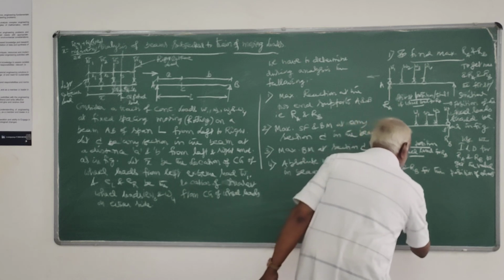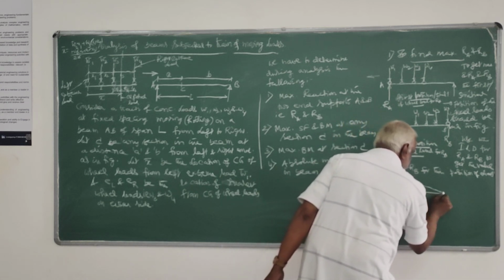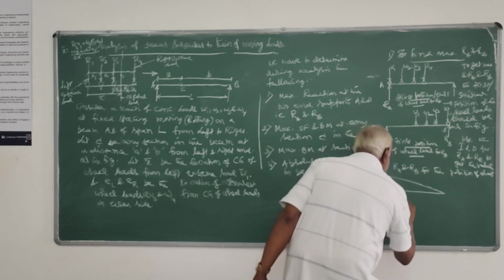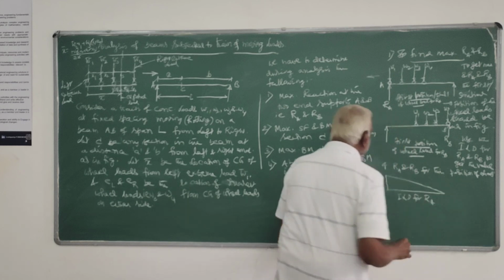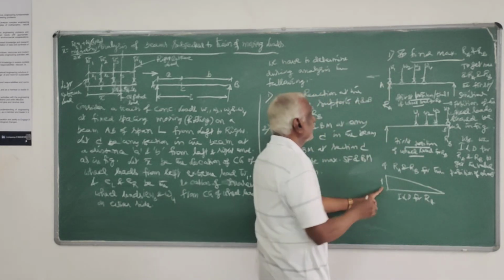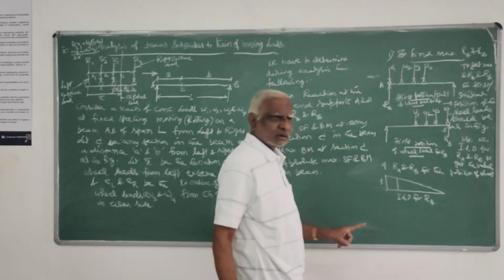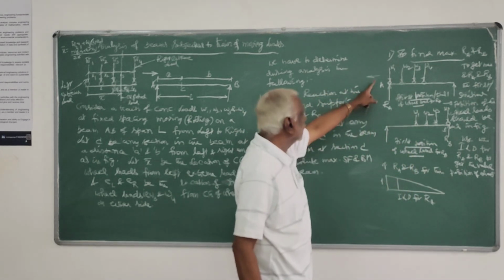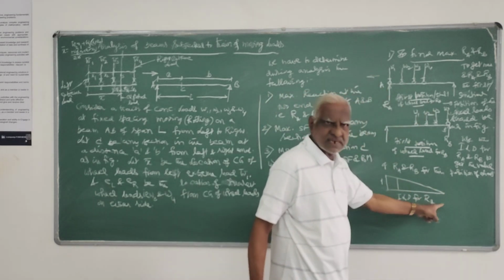So the influence line diagram for RA will look like that. This is the ILD for RA. At this point, under W1, the ordinate will be 1, and at W2, you have to work out this ordinate. How to work it out? That is 1 divided by L. This is the distance here.